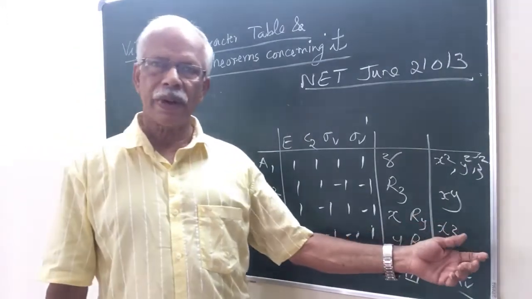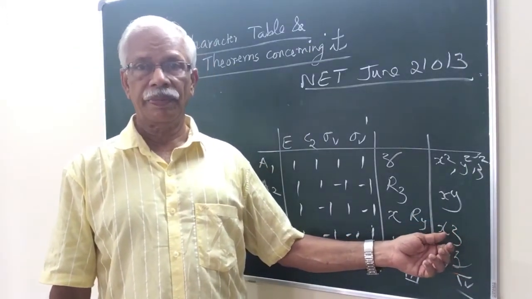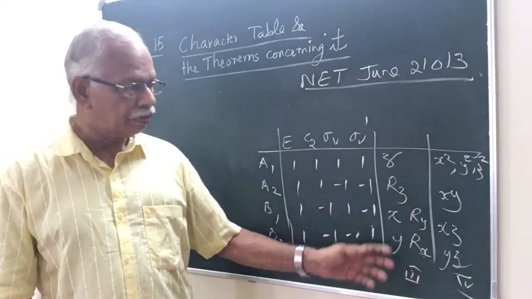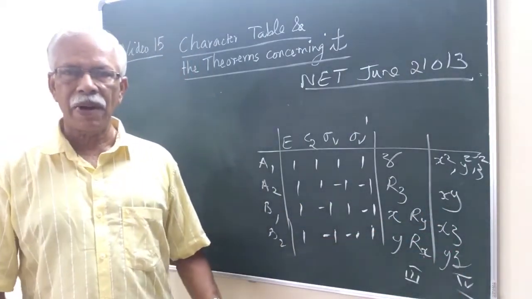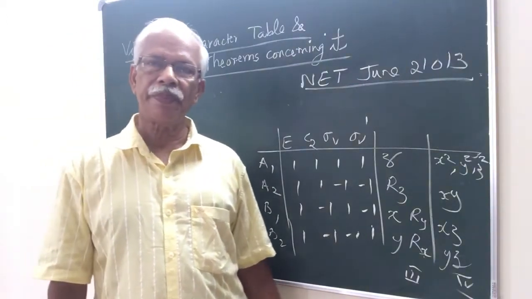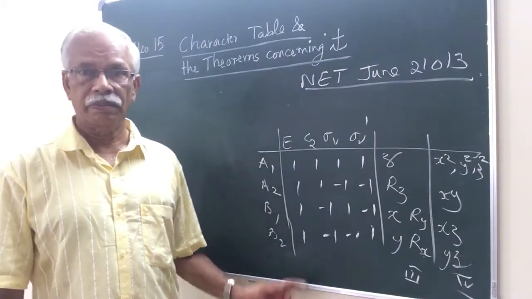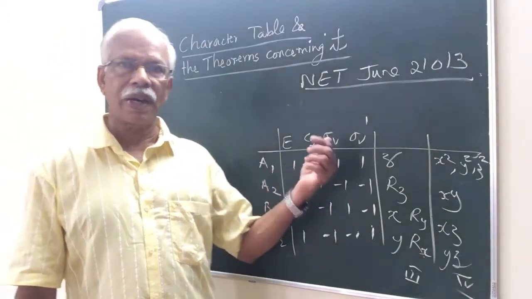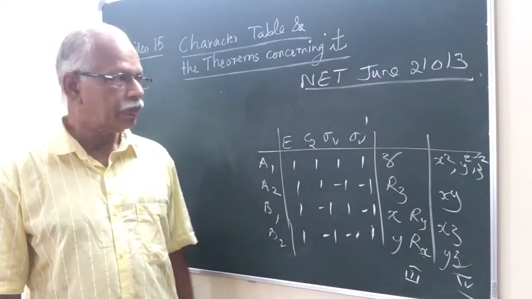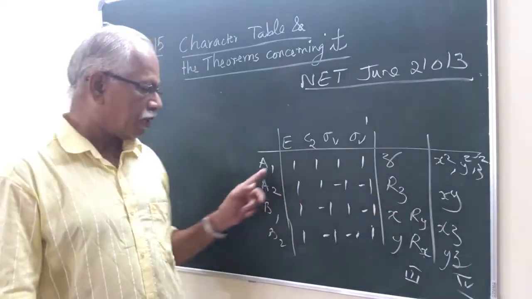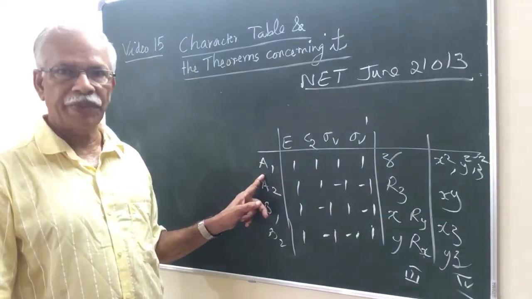They can denote d orbitals described in terms of these squares or binary products. For example, what is the symmetry of the 3dz squared orbital of oxygen in the water molecule? Z squared is coming here, and you can say it has a symmetry A1 in the water molecule.